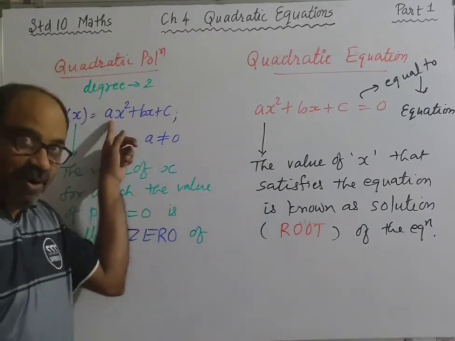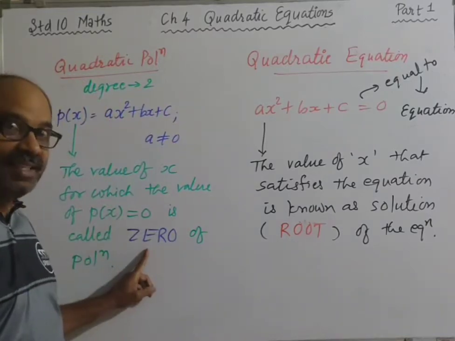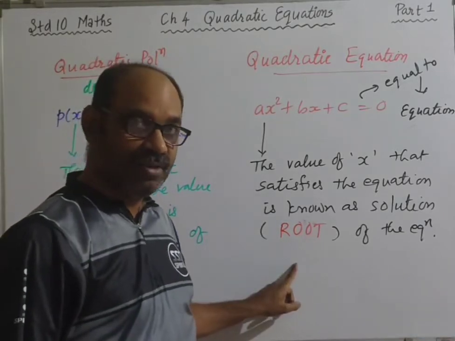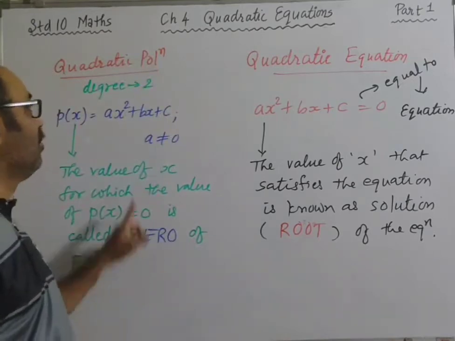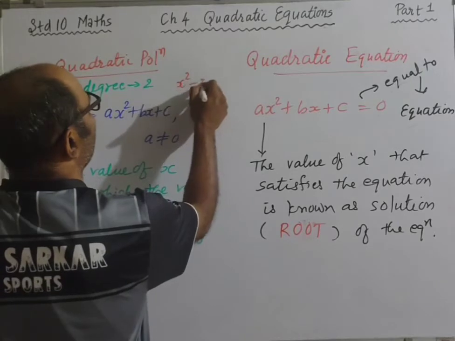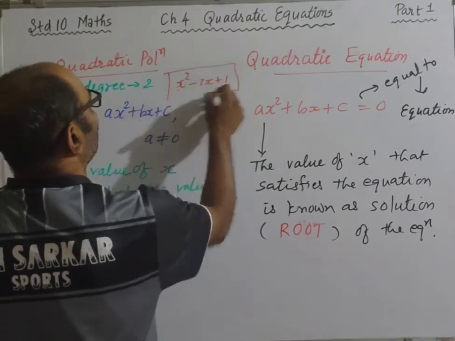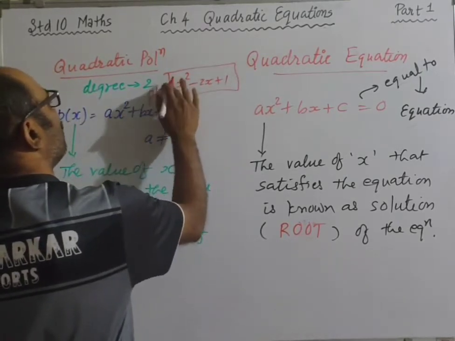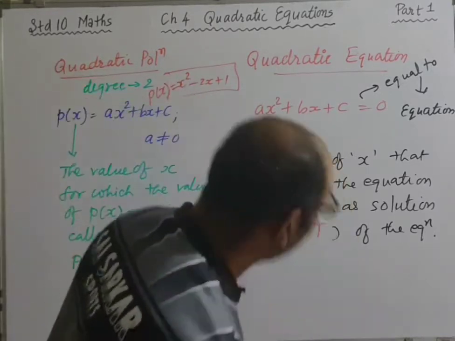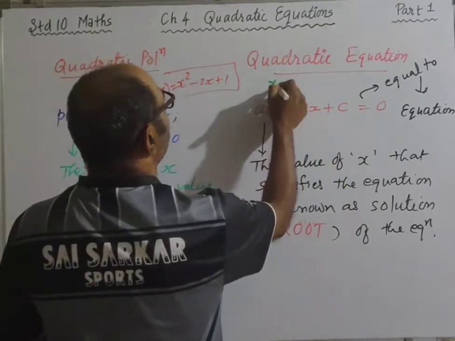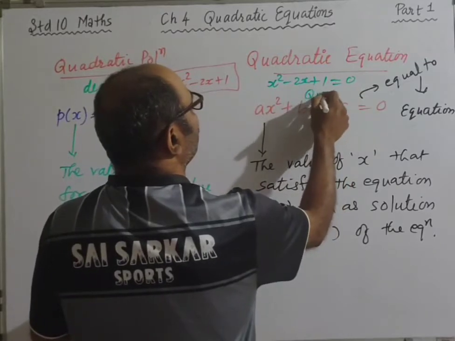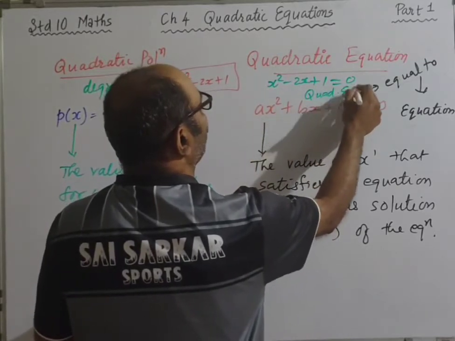So a quadratic polynomial has zeros, a quadratic equation has roots. Whatever are the zeros of the quadratic polynomial, let me take x square minus 2x plus 1. If I take p of x equal to this, then that is a quadratic polynomial. But if I take the same polynomial, x square minus 2x plus 1, equal to 0, then this becomes a quadratic equation.